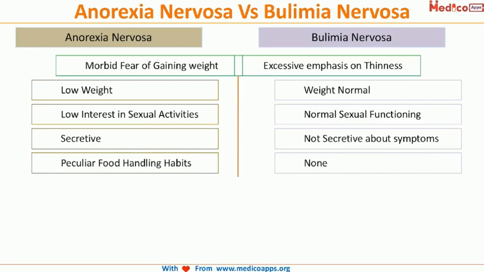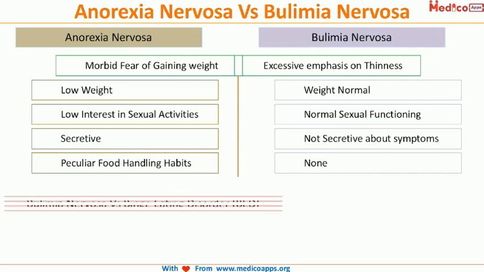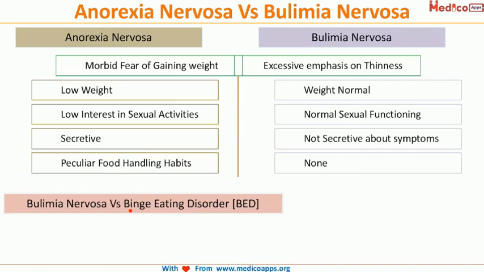In anorexia nervosa, if you take the history properly and ask the relatives, they will have peculiar food handling habits. We have already discussed these, whereas in bulimia nervosa, there are not many peculiar food handling habits. Also, there was a question about differentiating between bulimia nervosa and binge eating disorder. The name suggests there is binge eating, but no purging episode.